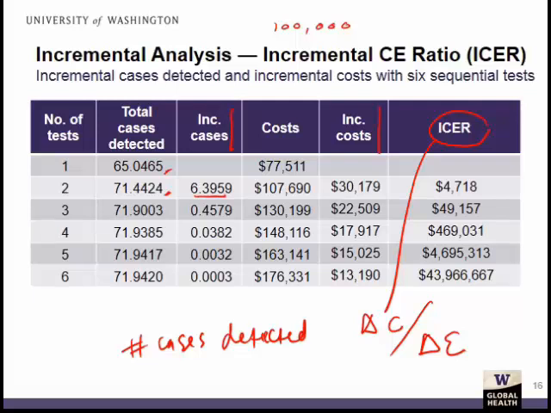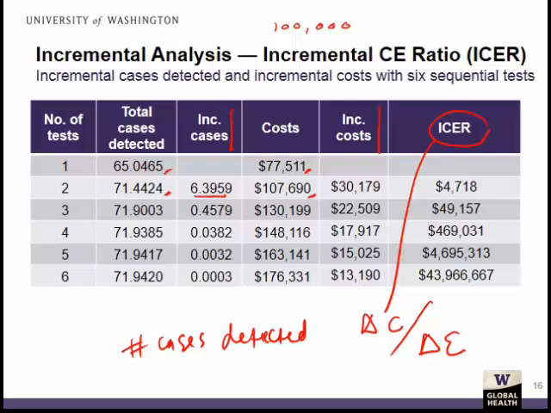But how much money would you have to pay for that? You would have to pay this minus this, which would be $30,000. So to detect the second case, you need to pay $4,700 essentially per case detected. So it's $4,700 to detect the second case.